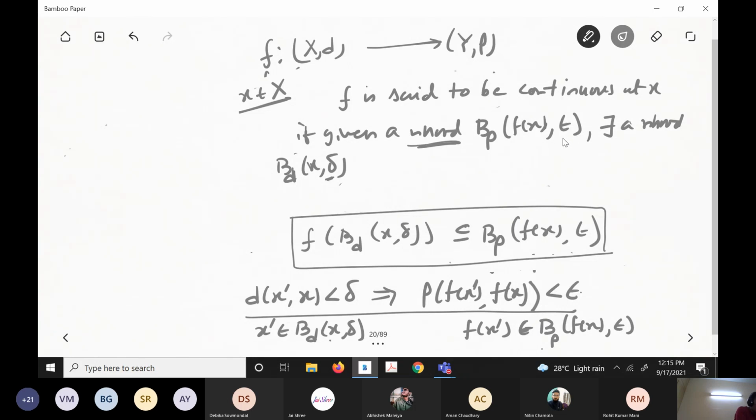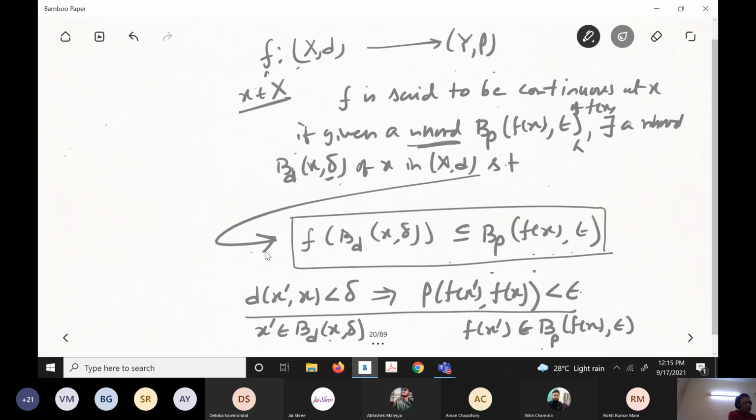The only changing thing is epsilon, whatever you choose.